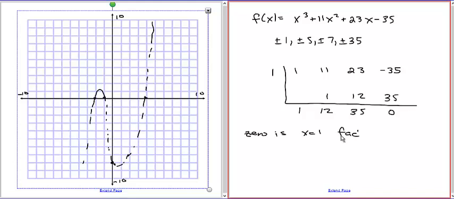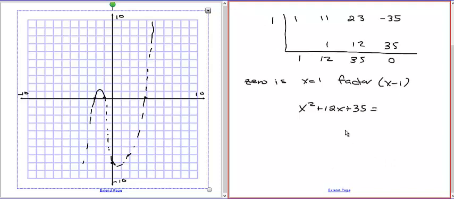The corresponding factor is x minus 1. And what we're left with, according to these coefficients, is x squared plus 12x plus 35. What we want to do is factor that if we can.